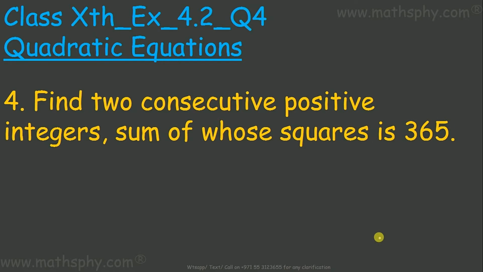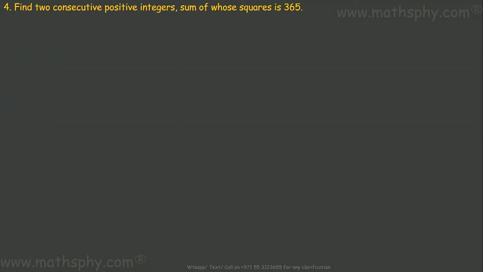This question here says, find two consecutive positive integers, sum of whose squares is 365. Okay, let's take the first positive integer as x. So the second consecutive positive integer would be x plus 1.